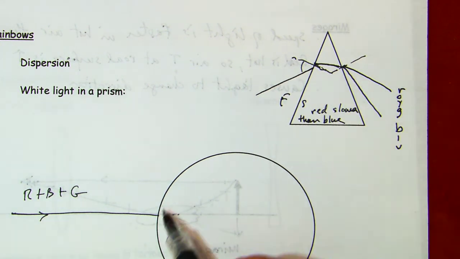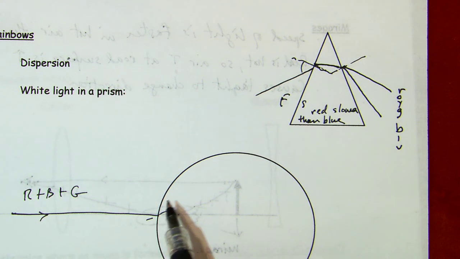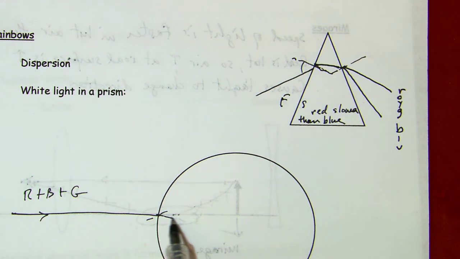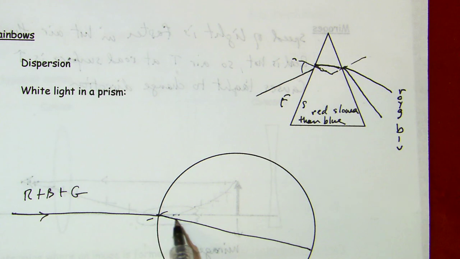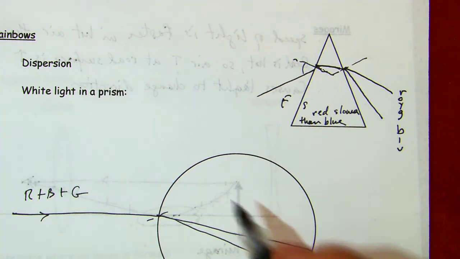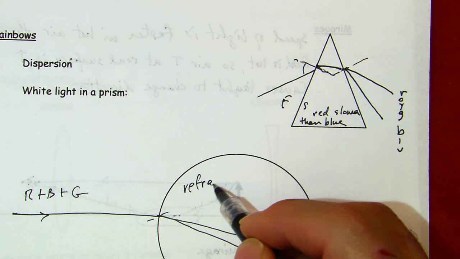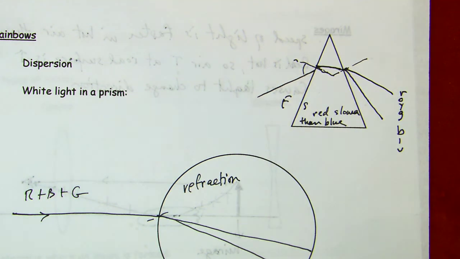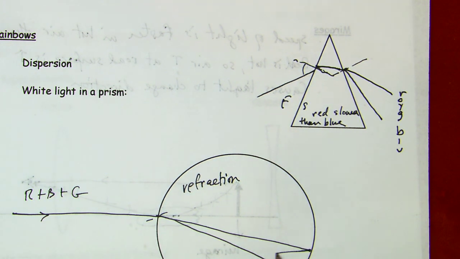All right, you draw a normal to the boundary, and what you find is red gets bent a little less than blue. Okay, so you get refraction here. Off the back, you get some light that goes on through, and you don't worry about it. But some of this light gets reflected back internally. And the angle coming out here is going to be the same angle that it bounced in at.